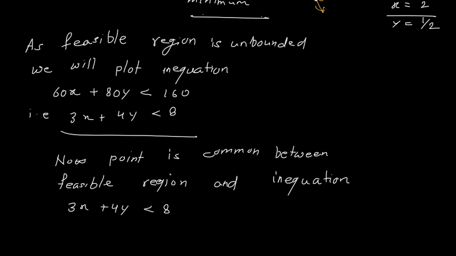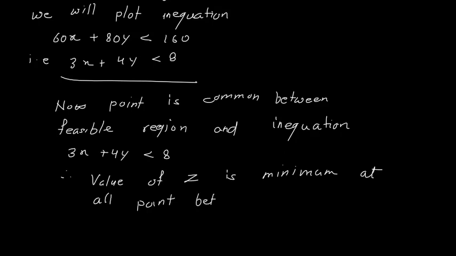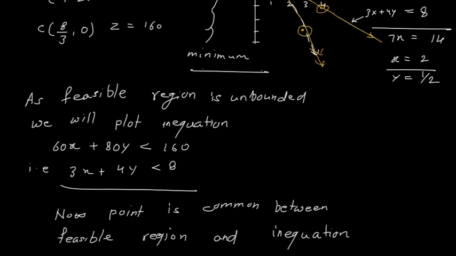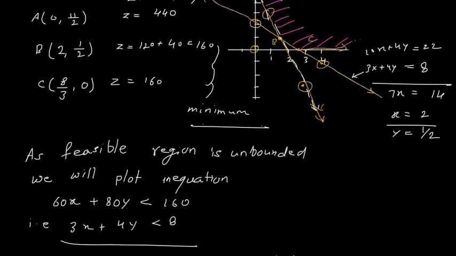Therefore the value of z is minimum at all points between B and C. So on segment BC, at each and every point we have the minimum value of z.